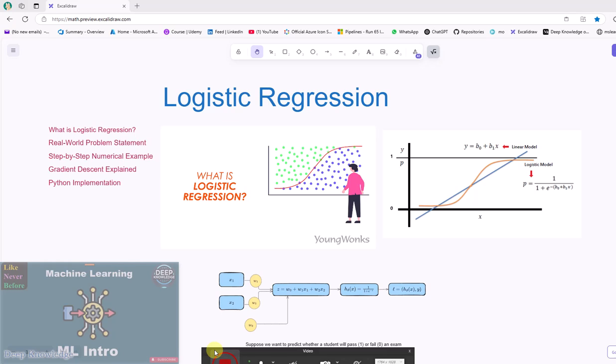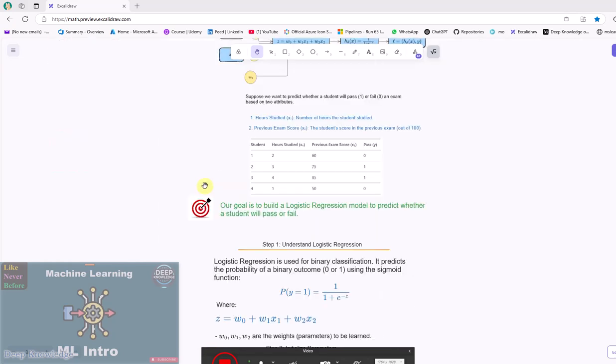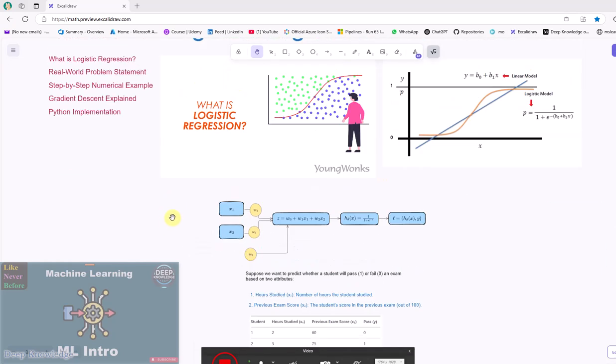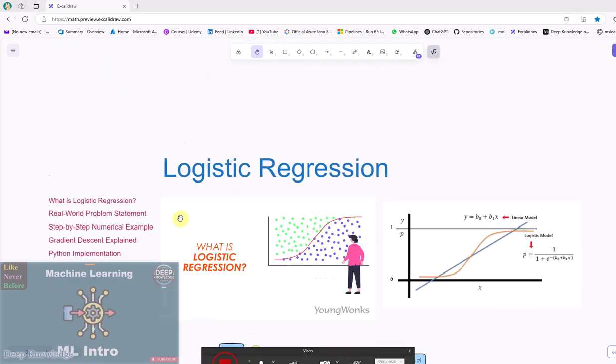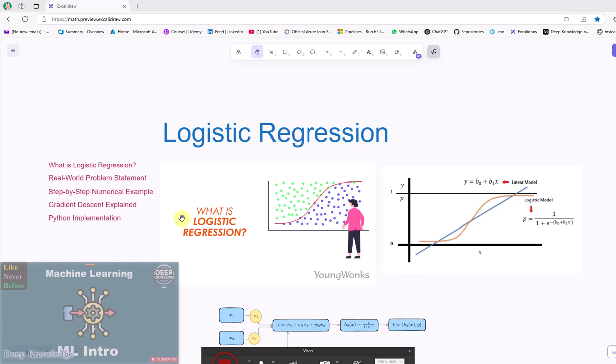Before diving into logistic regression equations and examples, as you can see here, what is logistic regression and what is the difference between linear regression and logistic regression?